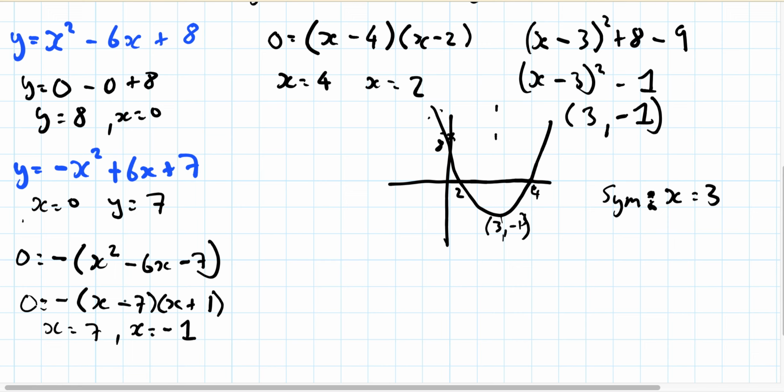And for this one, I'm going to work out the maximum point using a different method just to show you. So I'll start with my graph. I know this is going to be a 7 and the graph is going to look like this.